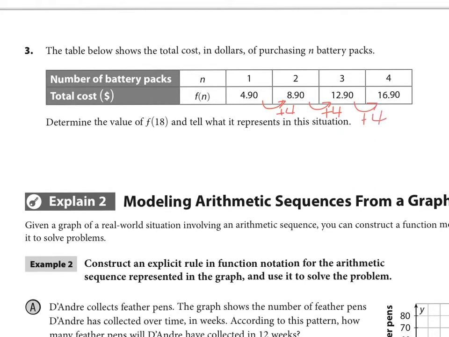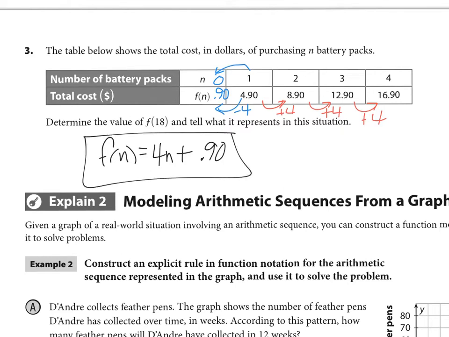So that's my slope. So f of n equals 4n plus, get my zero term, so I go back, I subtract 4, and that's going to put me at 0.90. So there's my explicit rule, function notation.